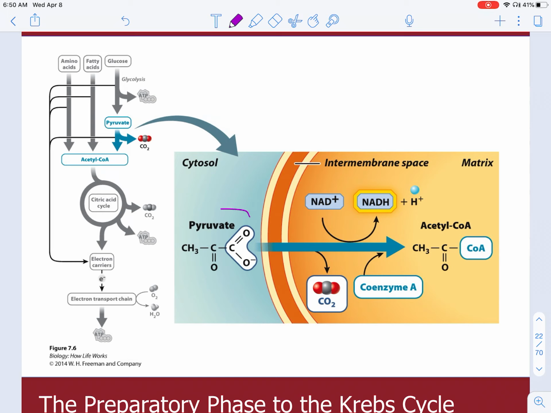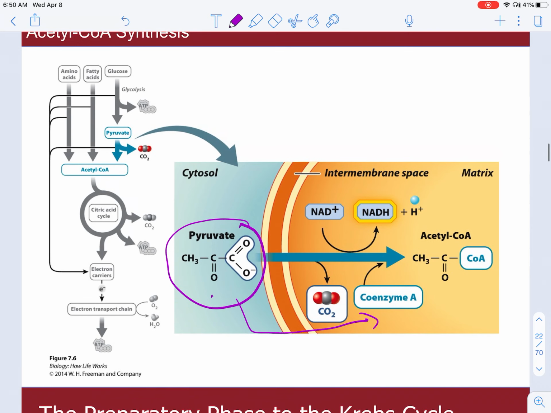First, the pyruvate that is produced in glycolysis first has to go from the cytosol into the mitochondria. So the transport of pyruvate into the mitochondria only occurs when oxygen is present. Now we will see that oxygen isn't needed in the citric acid cycle.